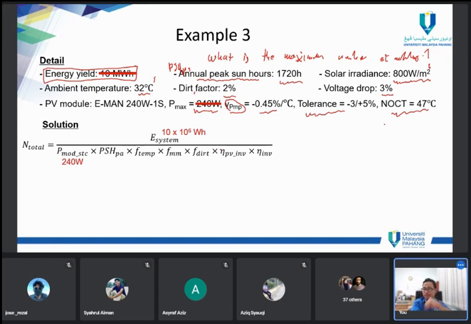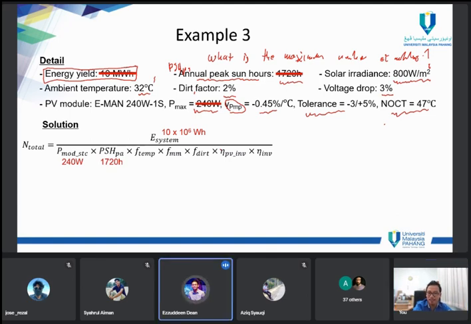Ezzuddin. Ya, doktor ada. PSHPA berapa? 1720. Betul. 1720 hours. Okay. Bagus. Betul. Okay. Next orang.